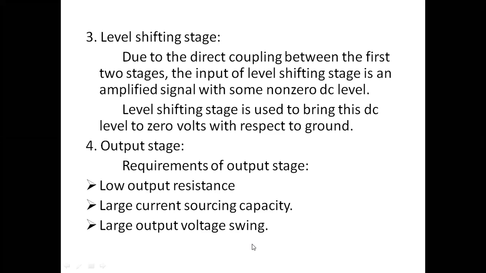So here, due to the direct coupling between the two stages, we are supposed to use level shift. Here we are supposed to shift the level. When we are using the level shifting stage at the output of intermediate stage, due to the direct coupling between the first two stages, because we have seen input stage and intermediate, there will be the direct coupling.